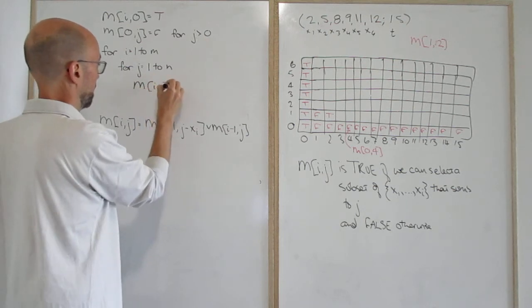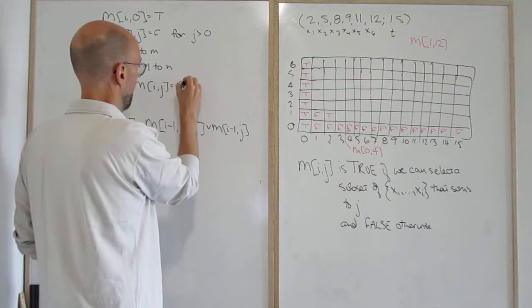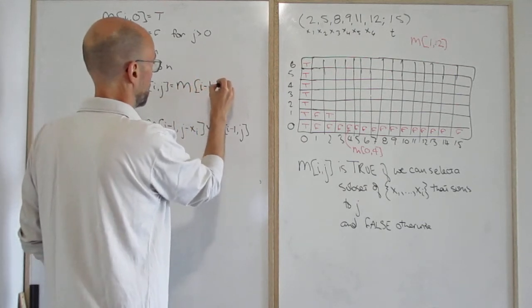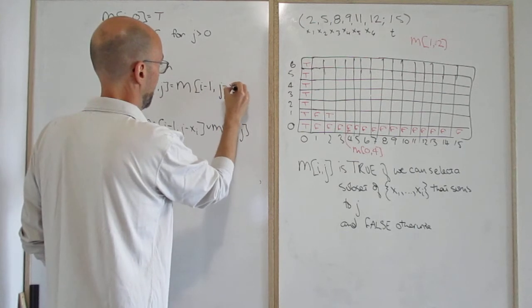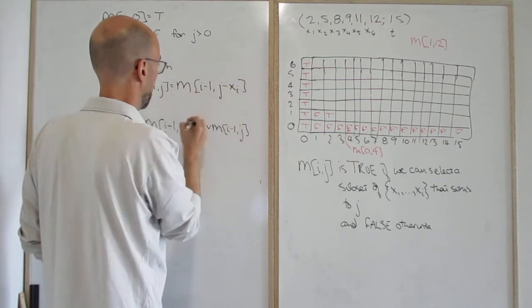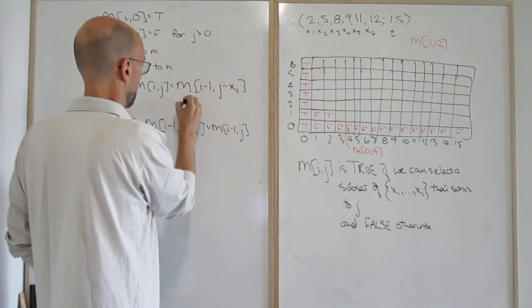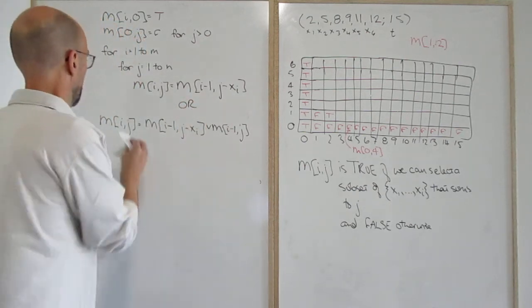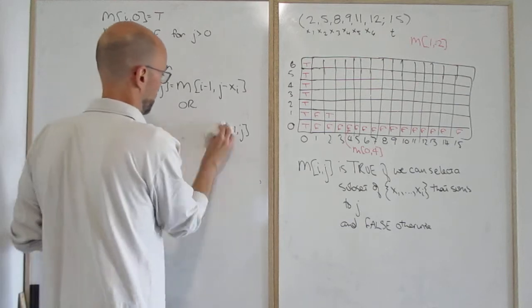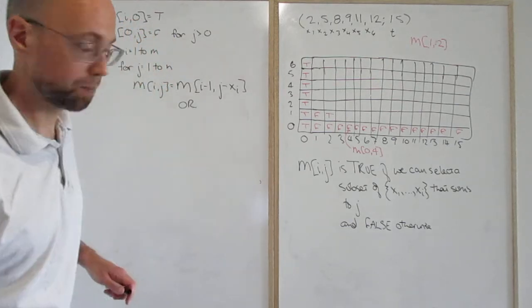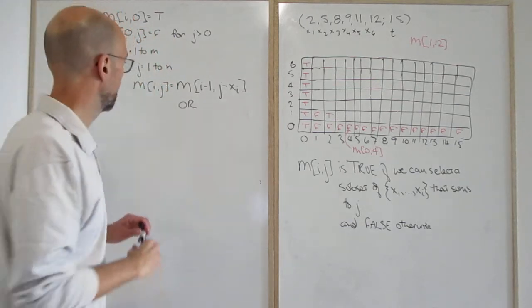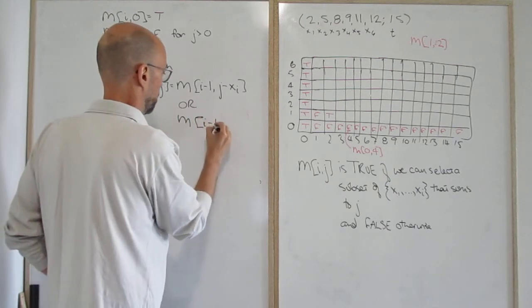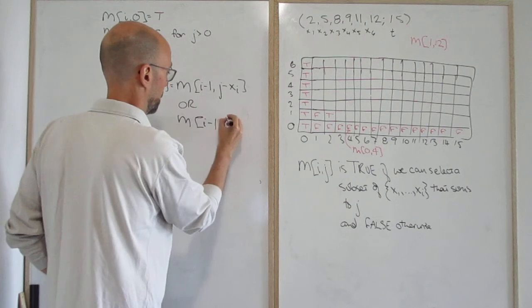Mij equals Mi minus 1, j minus xi, or Mi minus 1, j.